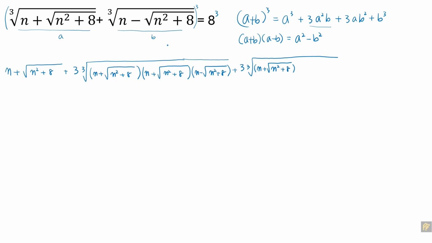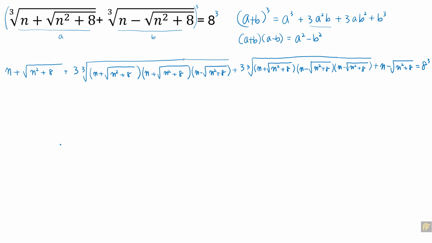Then we have the square of b, so we are going to have n minus square root of n squared plus 8 times n minus square root of n squared plus 8. Then lastly, we have b cubed, so it should be n minus square root of n squared plus 8. This should be equal to 8 to the power of 3 on the right hand side.